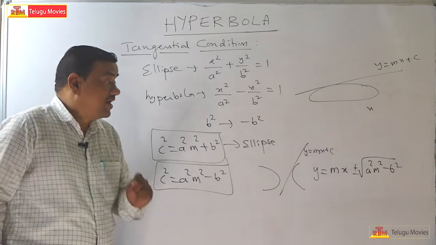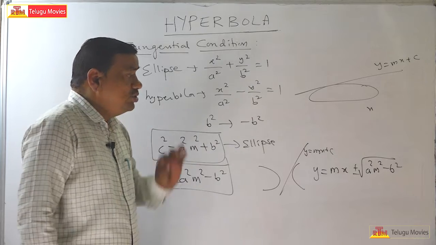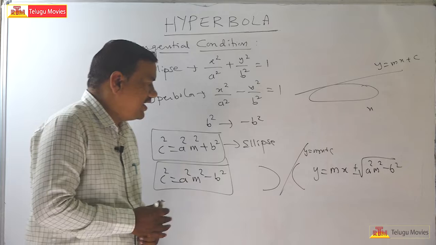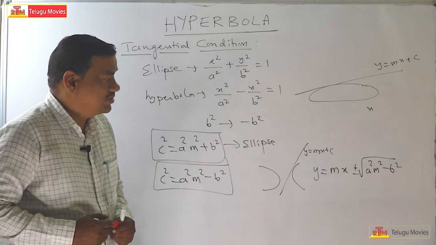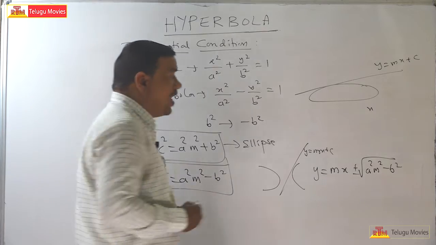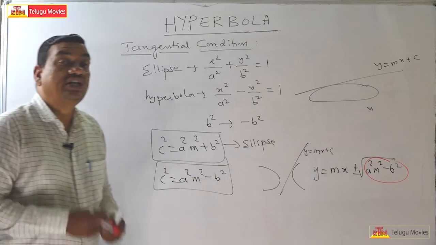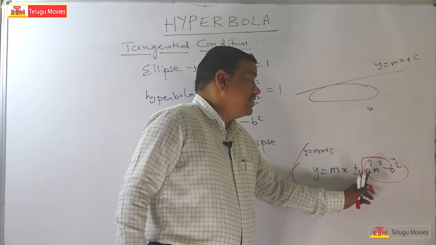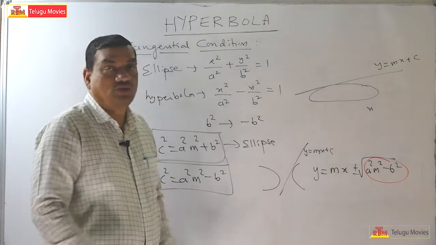But as you are an IIT student preparing for IIT examinations, you should learn each and everything perfectly. So here y is equal to mx plus or minus root of a square m square minus b square. What is the condition on m? That you should learn carefully. See here, a square m square minus b square is a quantity which is under the square root.